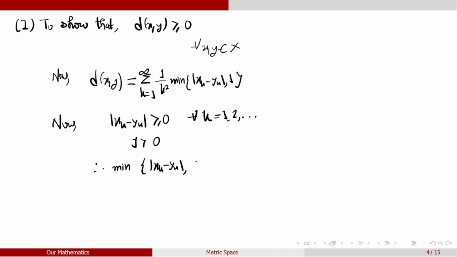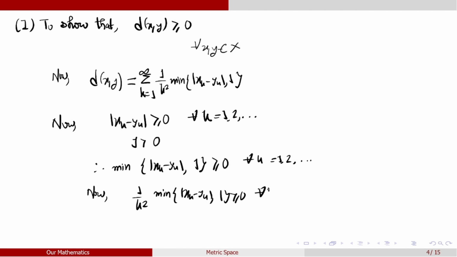Thus, their minimum would also be greater than or equal to 0 for all k. Now 1 by k square is strictly positive, since k is a natural number, 1 by k square is well defined and strictly greater than 0. That's why 1 by k square minimum of modulus of x_k minus y_k comma 1 is greater than or equal to 0 for all k.